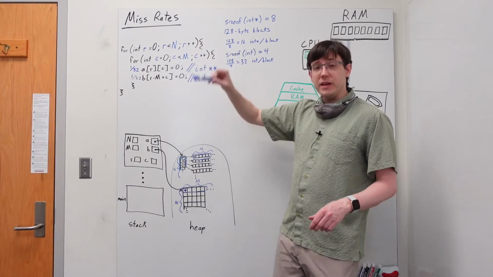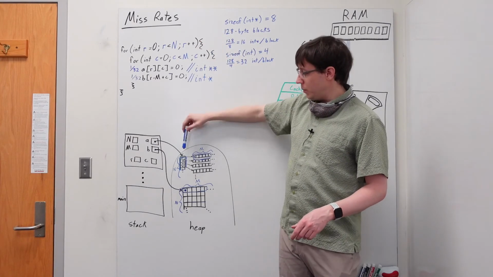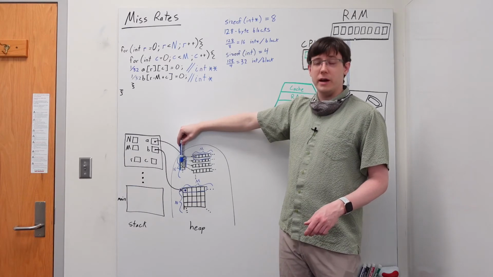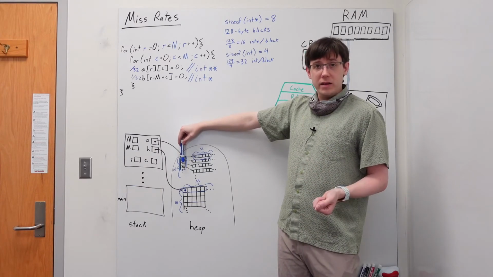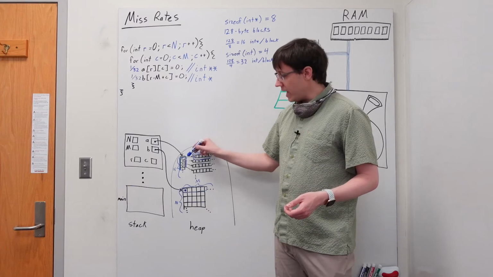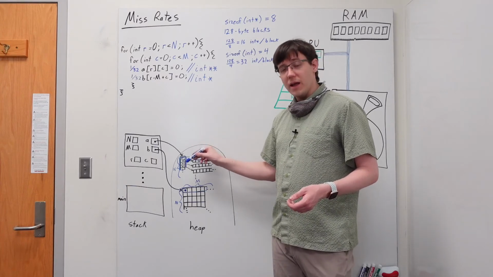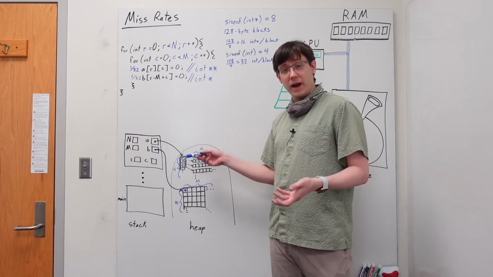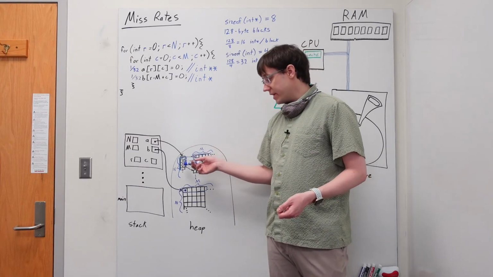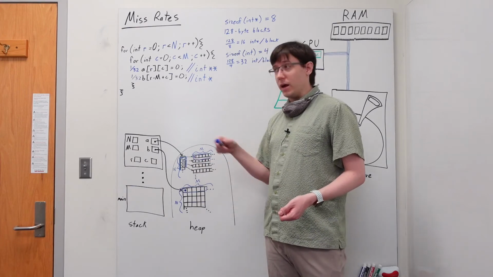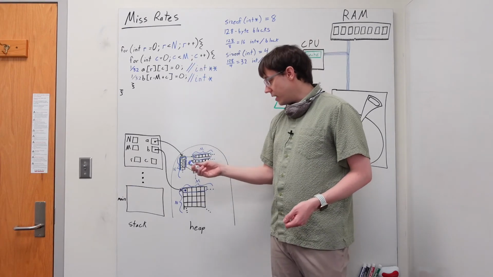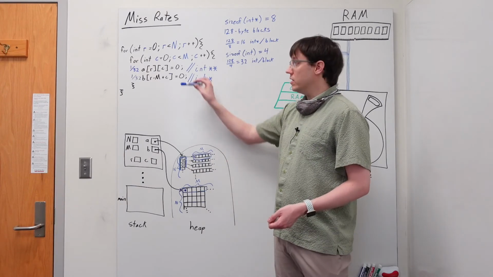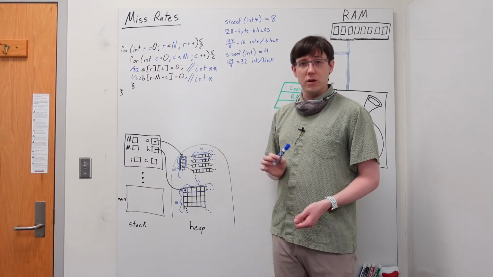At the start of the next iteration of the outer loop, we will advance to the next pointer in our array of arrays. And since we have been frequently accessing this block that we brought in that contained the first 16 pointers of the array of arrays, we should find ourselves having a cache hit in the outer array on the first iteration, and then a cache miss on the inner array, and then we will get similar behavior on the inner loop.